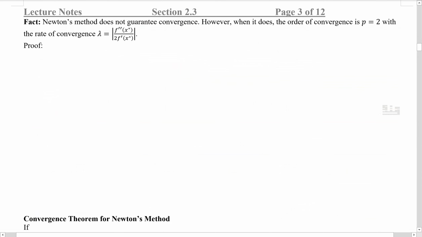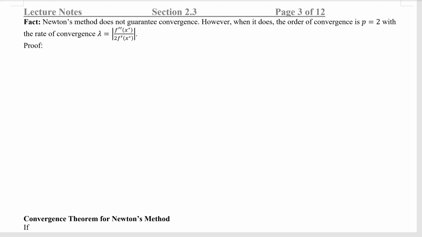So, fact: Newton's method does not guarantee convergence. However, when it does, the order of convergence equals 2, with the rate of convergence lambda being the absolute value of the second derivative evaluated at the true value over 2 times the first derivative evaluated at the true value. Today I'm going to show you this proof.